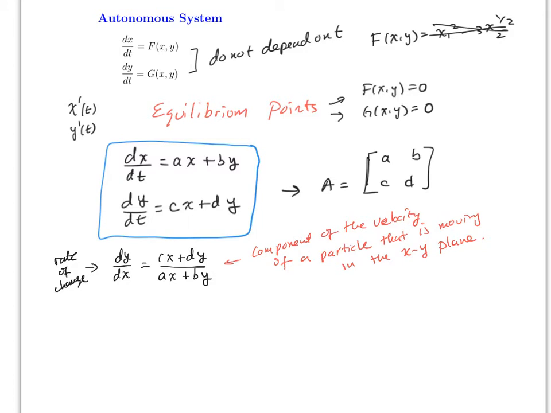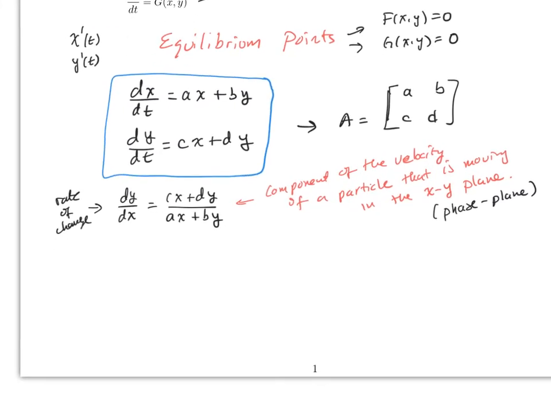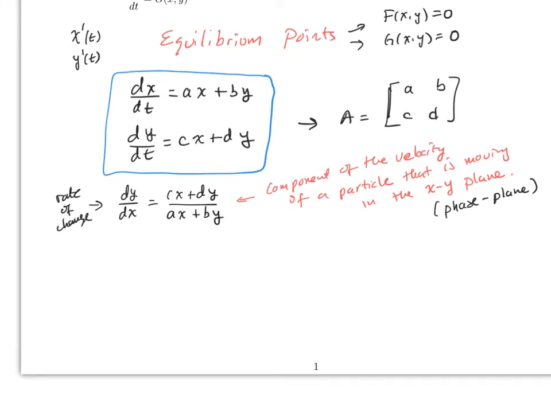Now, usually the xy plane is also called the phase plane, and hence the name of what we're going to do right now. If you remember what we did way back at the beginning of the class, dy/dx technically represents the slope.